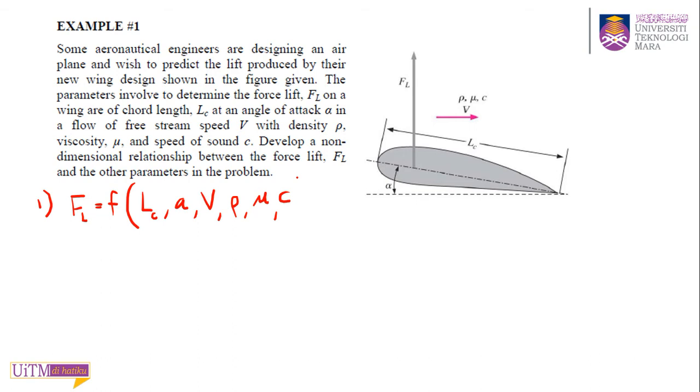That's all. So this is your equation from the problem: the force lift is a function of the length, the angle, the velocity, the density, the mu, and also the speed of sound.